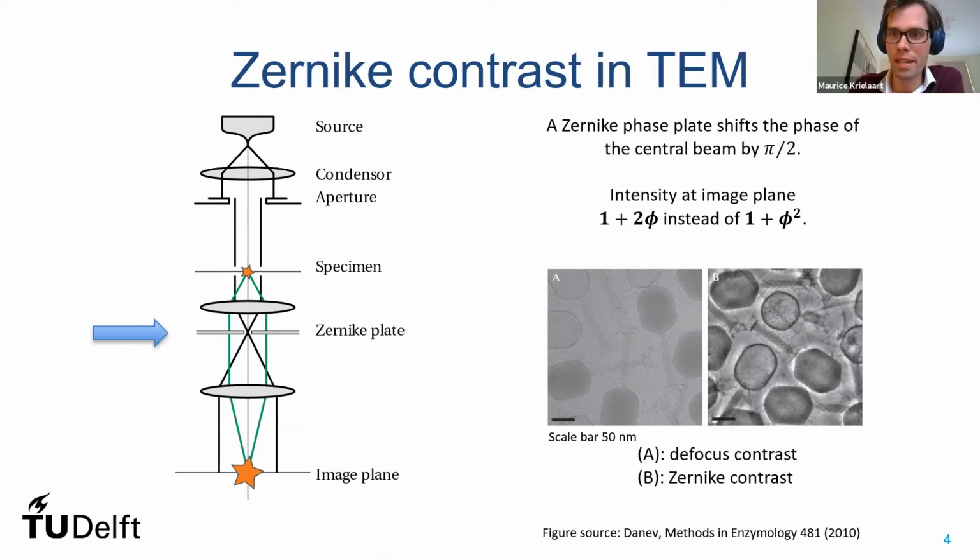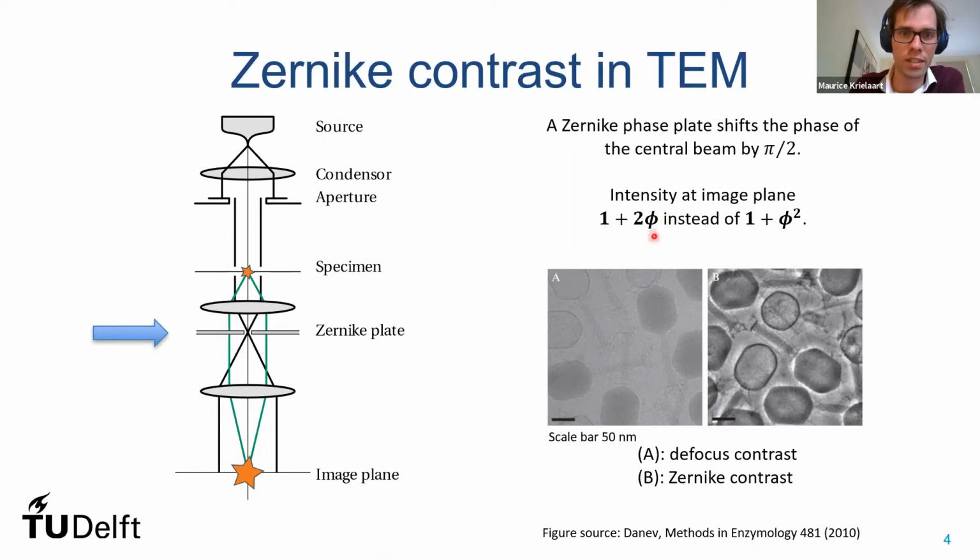The Zernike plate is really just a very thin membrane with a small hole on the optical axis. What it does is add pi over 2 to your unscattered beam, and that way you can show that your contrast in your image plane enhances a lot.